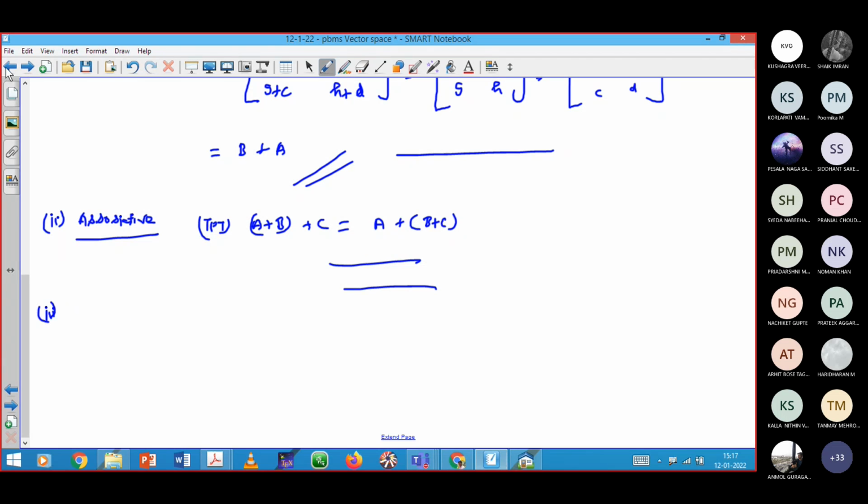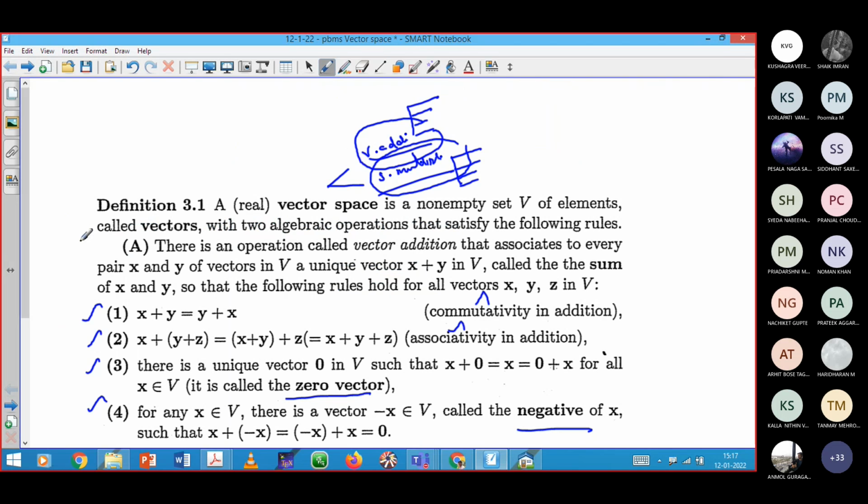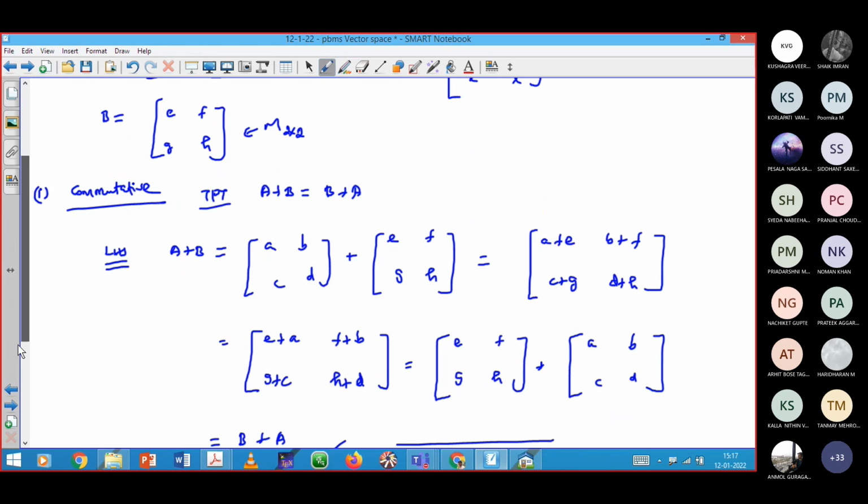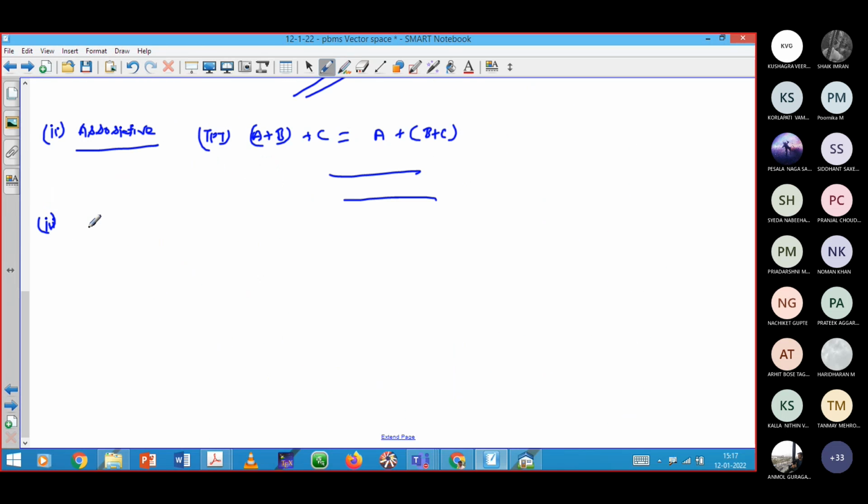Third one is the zero vector property. First I need to define the zero vector, let me define it as O, that is 0, 0, 0, 0, in M2 by 2.